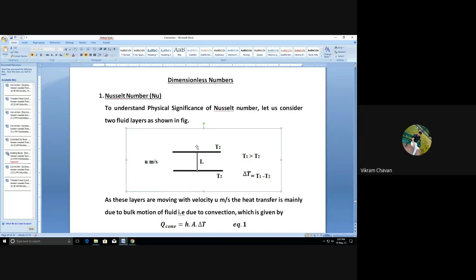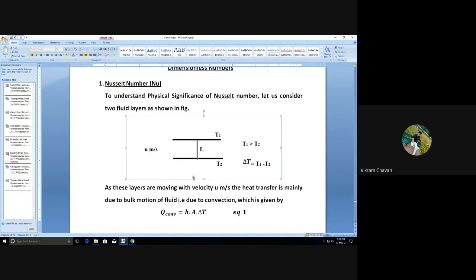That is Q convection is equal to H multiplied by A multiplied by delta T, where H is the heat transfer coefficient, A is the area available for heat transfer, and delta T is the temperature difference between these two layers. We consider T1 greater than T2, so that delta T is T1 minus T2.